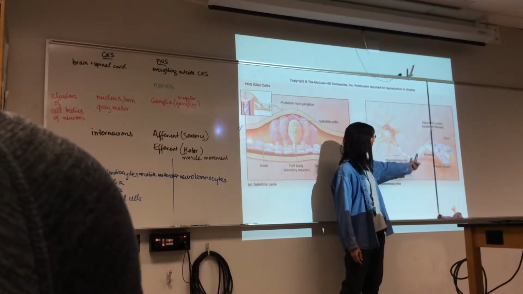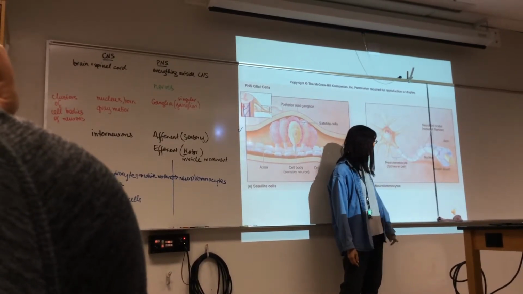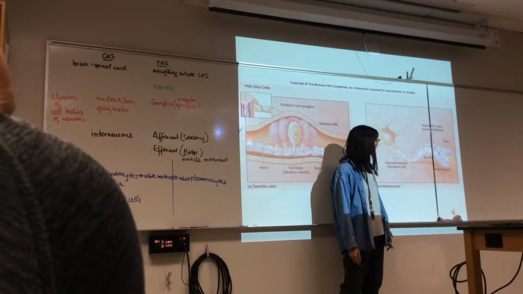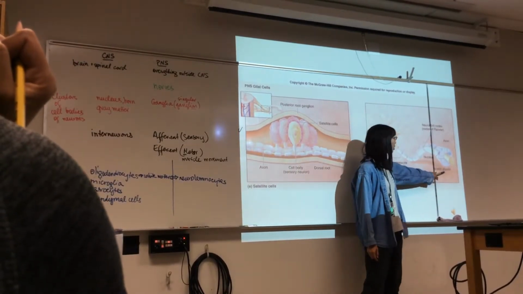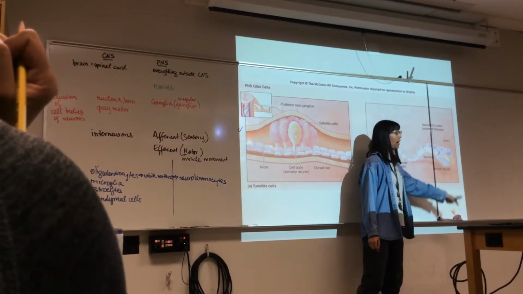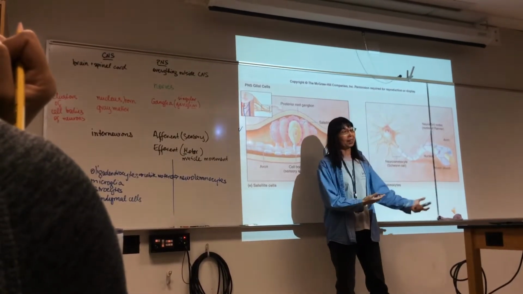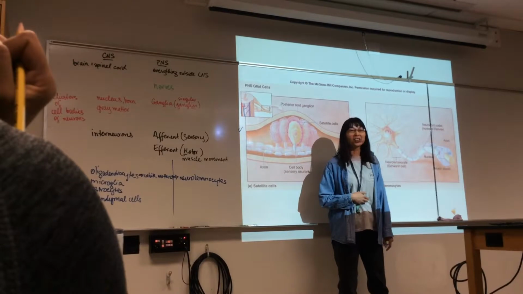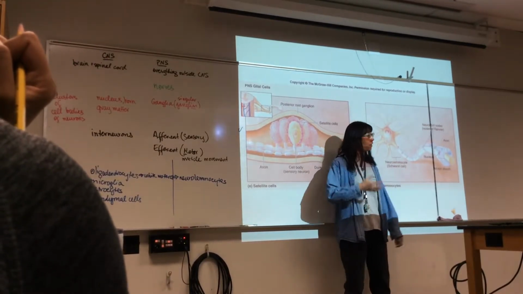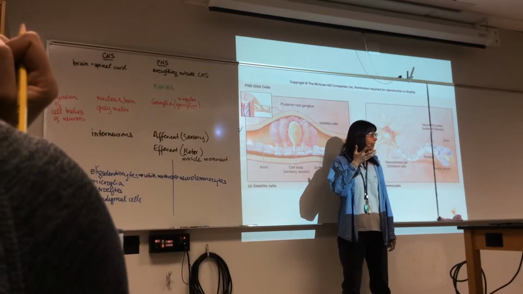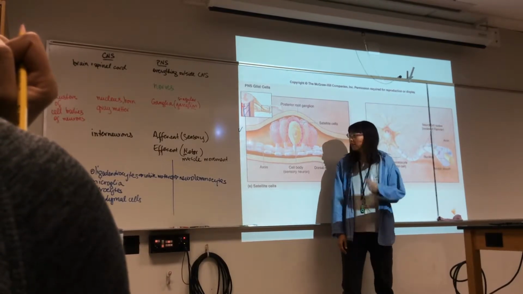They wrap around the axon to speed up nerve conduction. We call that myelin or myelin sheath. This whole thing is a myelin sheath. What color does myelin look? White. That's why in the brain we call it white matter, because it looks white.